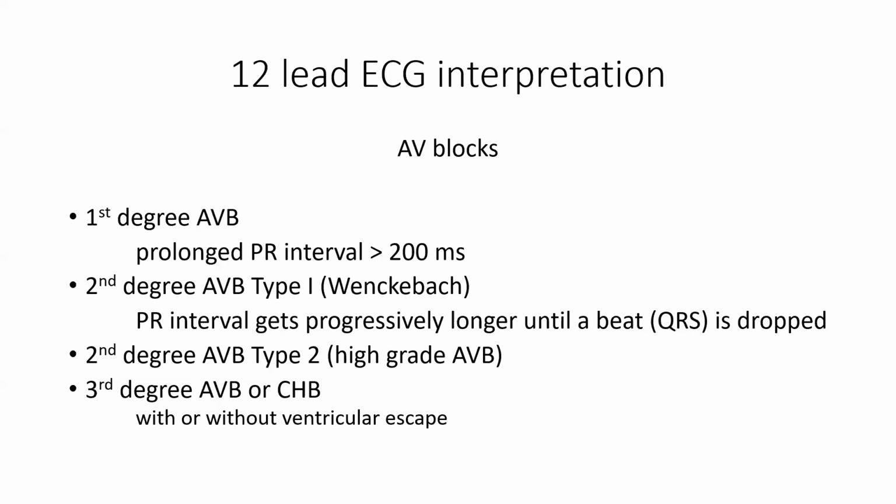And the pattern recognition for that is there is often grouped beating. Second degree type 2 is the higher grade AV blocks, such as 2-to-1 or 3-to-1 AV block. And then third degree block is complete heart block. And you may see P waves and you're going to see QRS waves, but they don't associate.